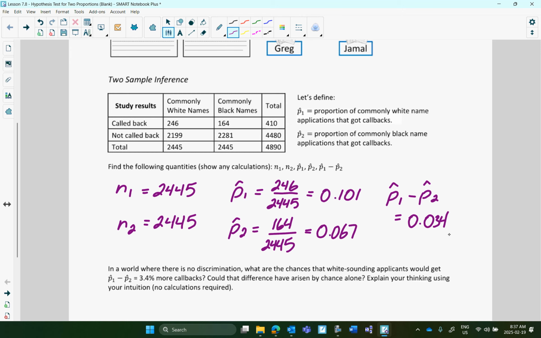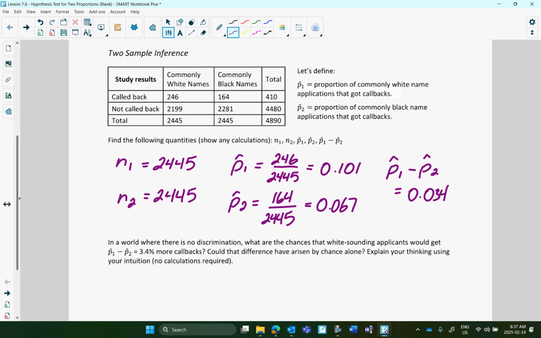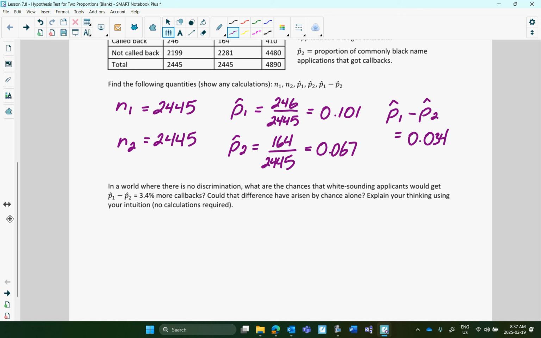And it's the same answer as in the previous lesson, okay? So in a world where we assume there's no discrimination, what are the chances that white sounding applicants would get 3.4% more callbacks? Okay, well, it could have happened by chance alone.